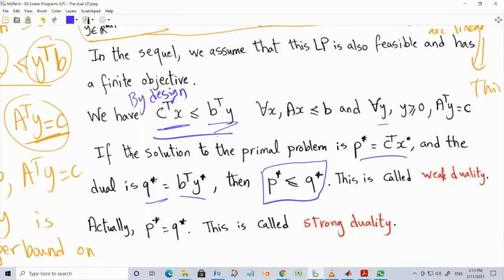This is called strong duality. So linear programs have this property: each program is associated with a dual program, and you solve this one, you solve that one, and you get the exact same result. This has consequences. You can design efficient algorithms based on this idea that P star is equal to Q star.